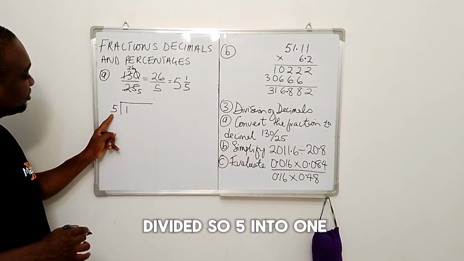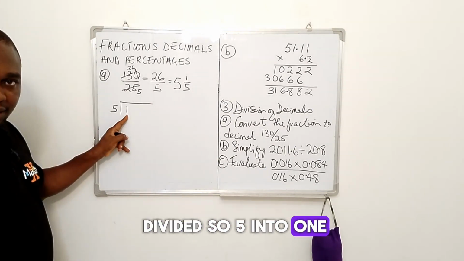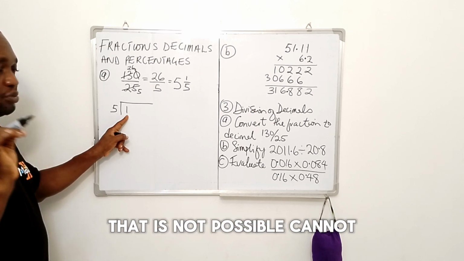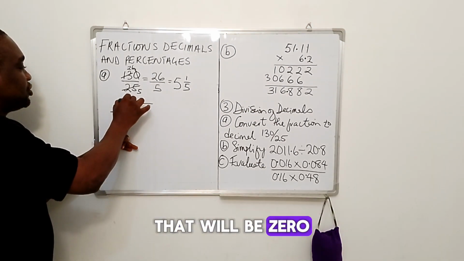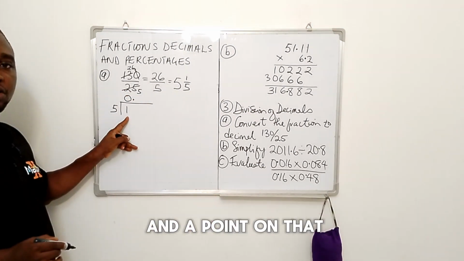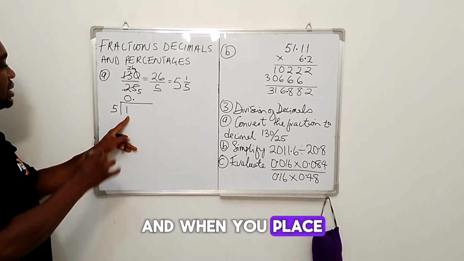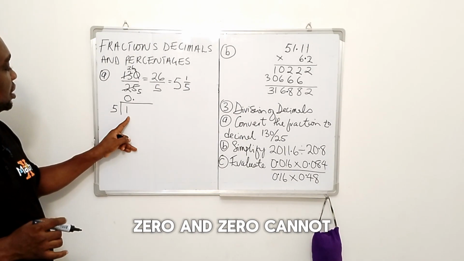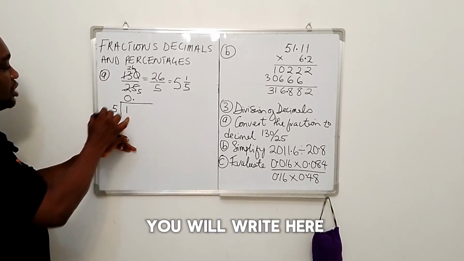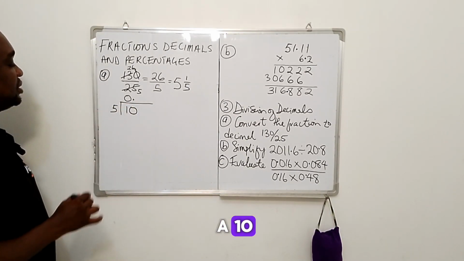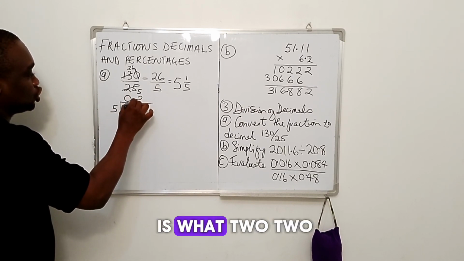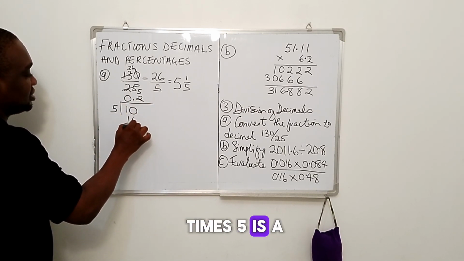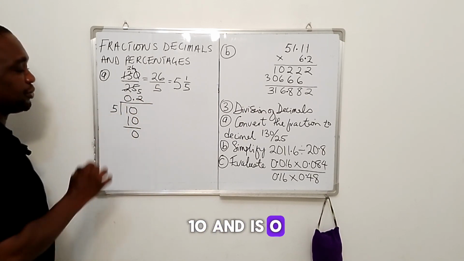So 5 into 1, that is not possible, cannot. That will be a 0 and a point on that. And when you place that, 0, 0 and 0 cannot, you write here a 10. Now 5 into 10 is what? 2. 2 times 5 is a 10 and a 0.